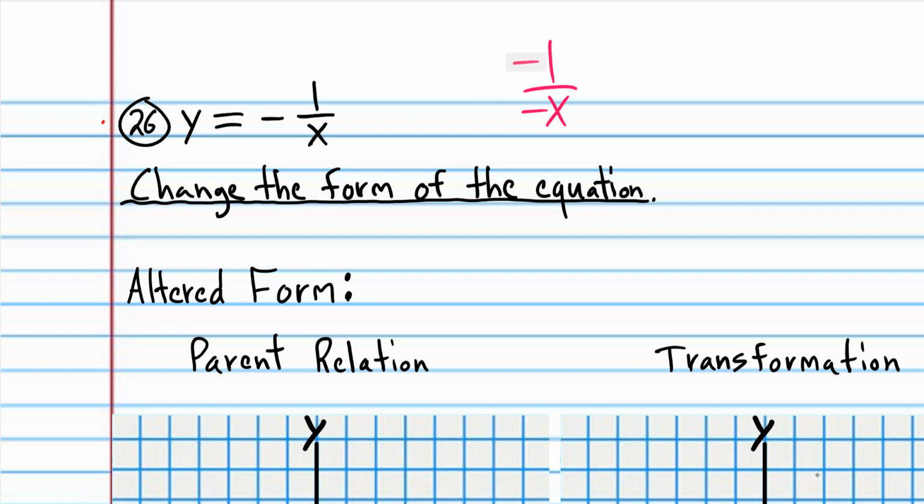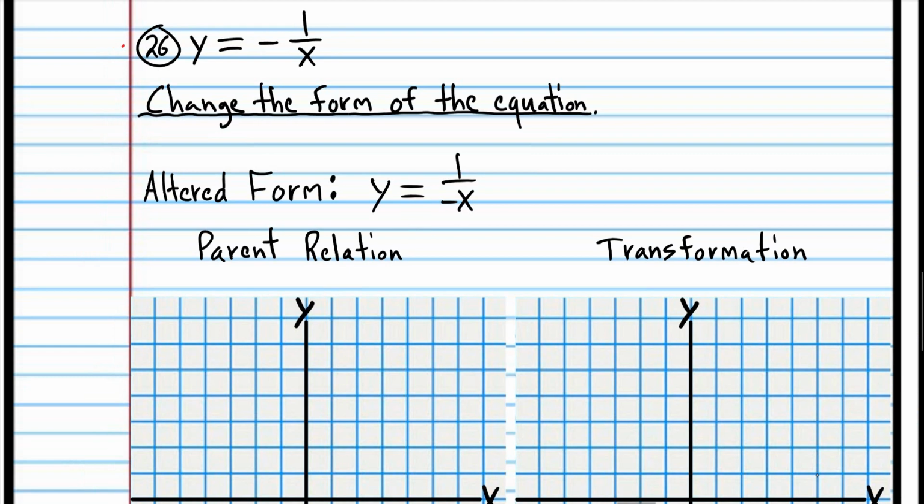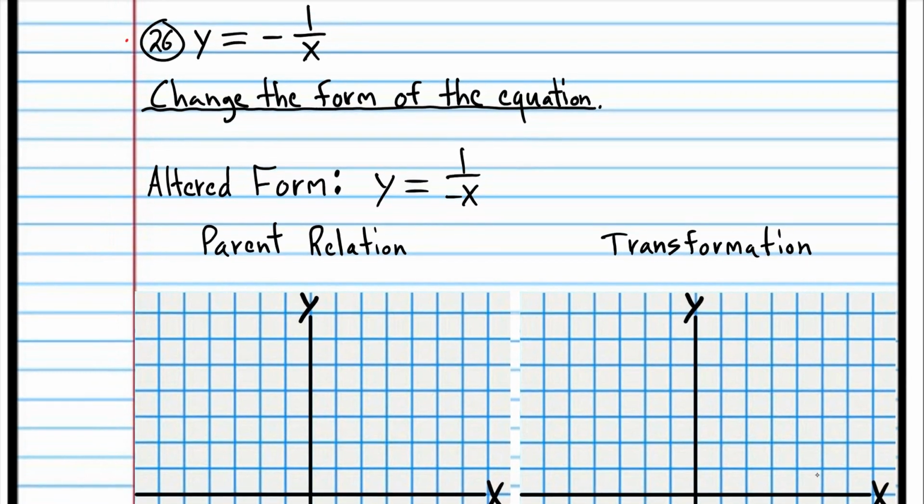It's the same expression. So what we're going to do is take that negative and bring it down to the denominator. So now we can see that this is just reflecting across the y-axis.